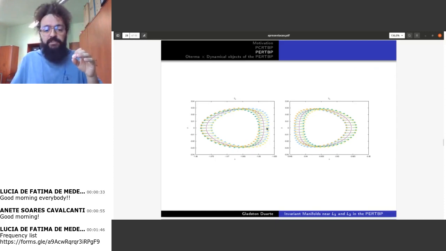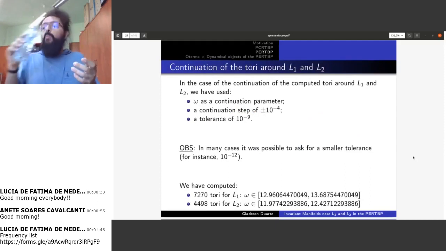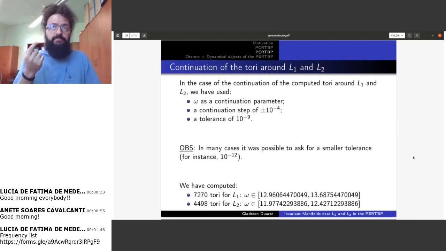And for each manifold, depending on whether it is for the positive or the negative side, we have a vector that points in the direction of the stable and the unstable manifolds. Moreover, there are many of these tori, so we can implement a continuation scheme to see if we can compute not all, but a large number of them.